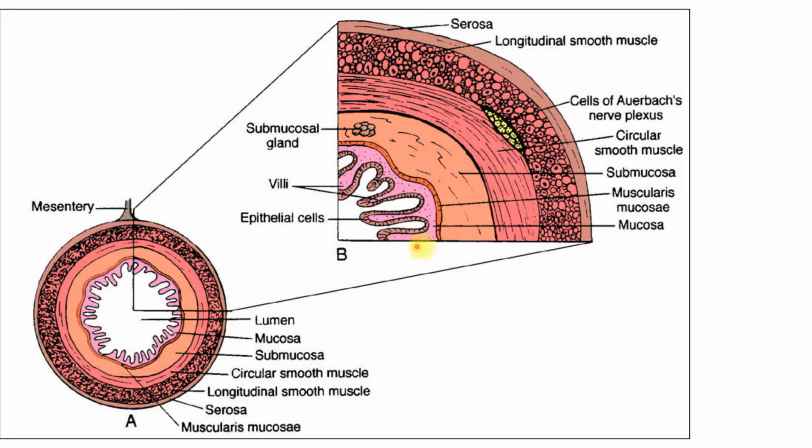Again, your mucosa is composed of three sublayers: the epithelial tissue, the lamina propria, and the thin muscle layer of your muscularis mucosae, which is separate from the thick tunica muscularis here. Okay?